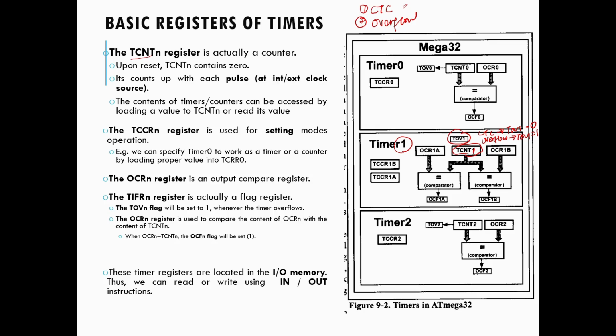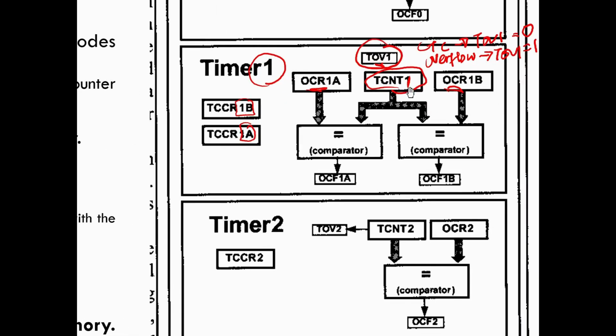Then if the TOV is 0, you need to check the OCR registers, the output compare registers. For timer 1 you will have 1A and also 1B. You will compare the values inside TCNT1.